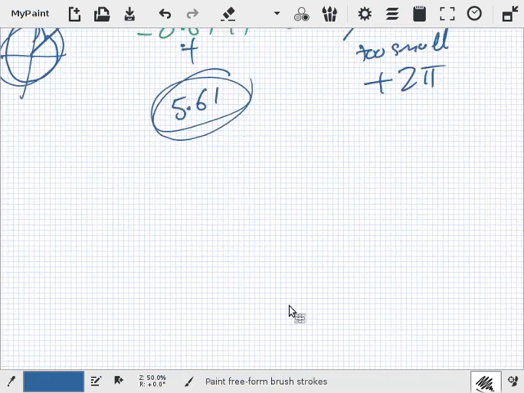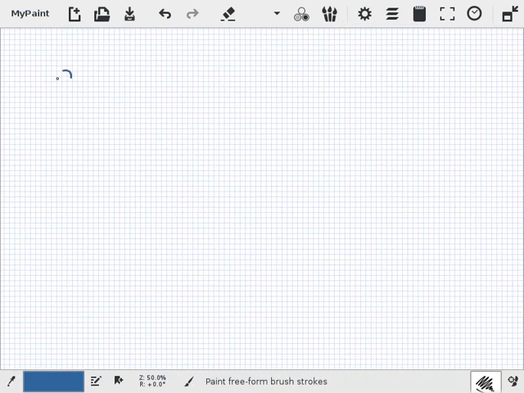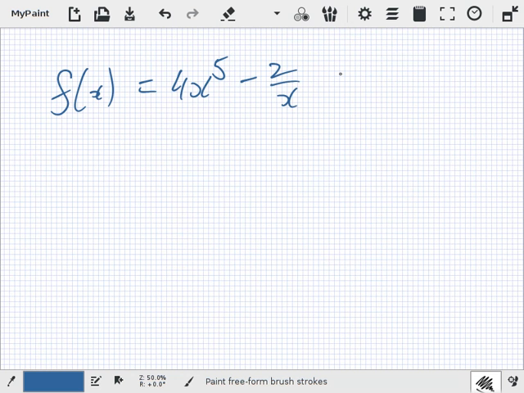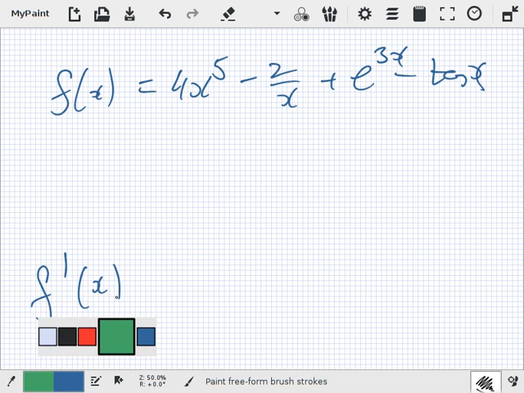All right, Tom, do you know this one? f(x) equals 4x^5 minus 2 over x plus e^(3x) minus tan x, and you want to differentiate this. First I'll just change it into this.